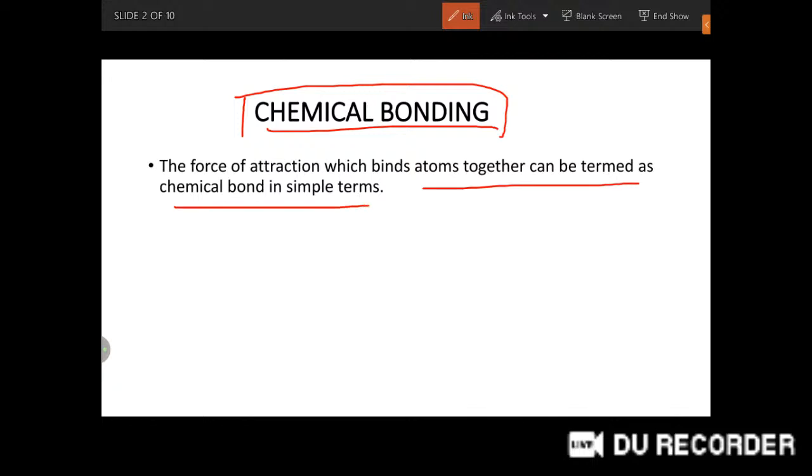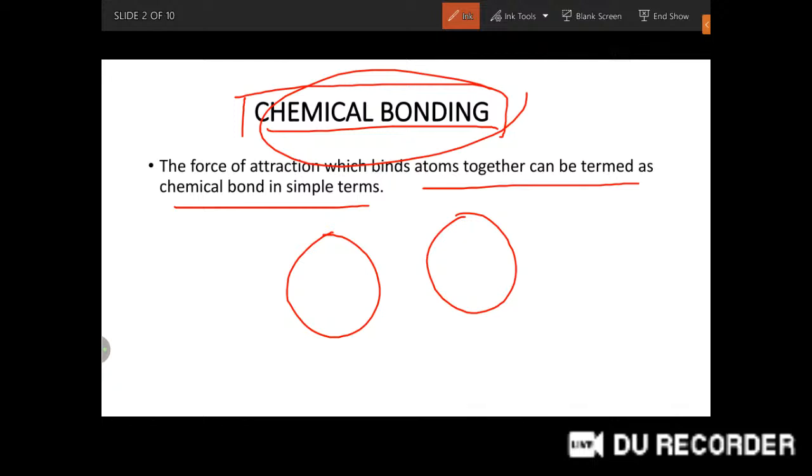In my simple way, a chemical bond is the force of attraction. Suppose you have two atoms, atom A and atom B. How will they be connected with each other?